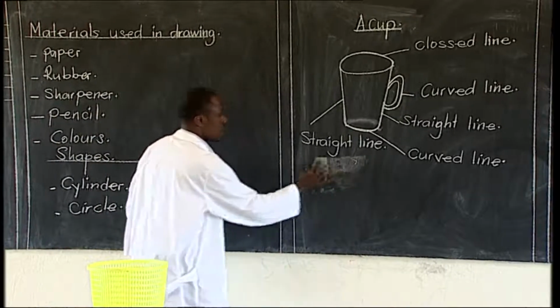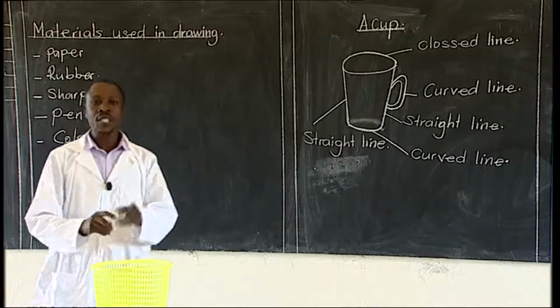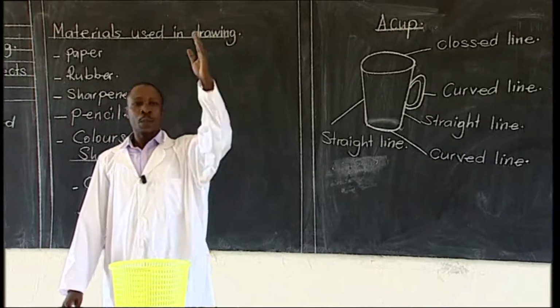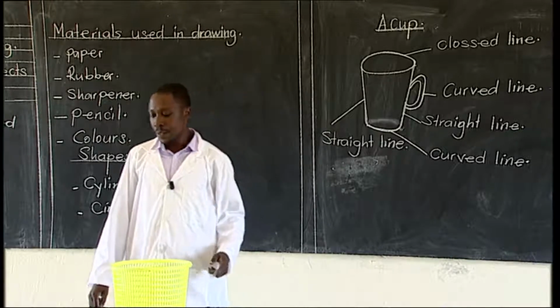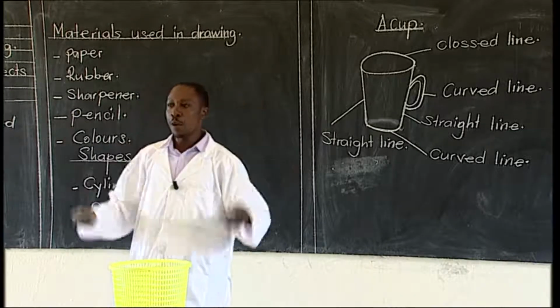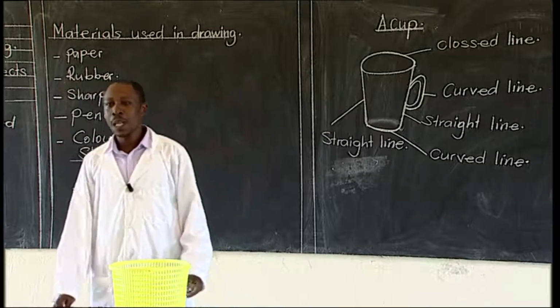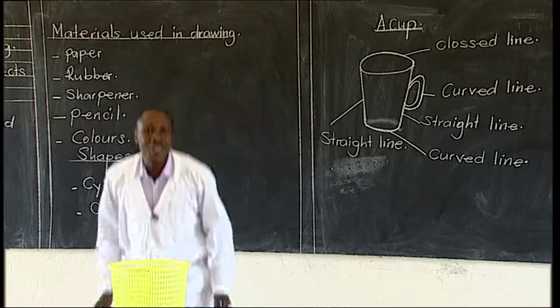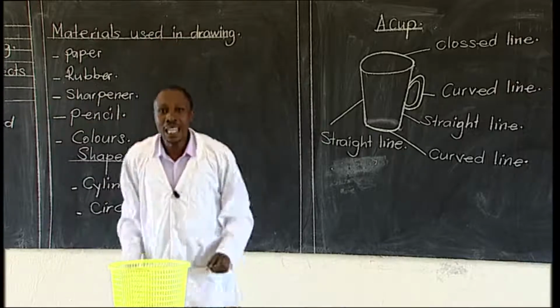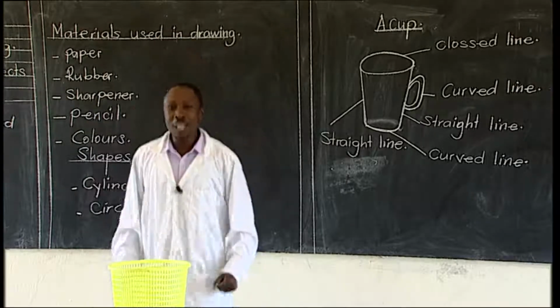Good, class. We are going to start. Are you ready? First, put up your hands very well. Good, excellent. First, stand up, all of you. We are going to jump 5 times. 1, 2, 3, 4, 5.